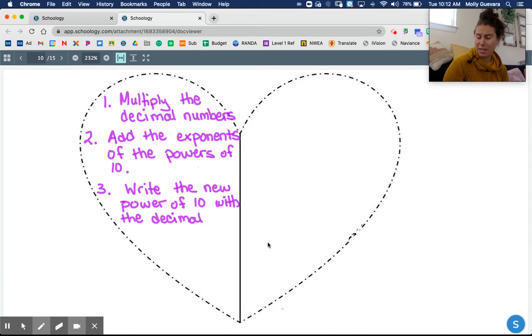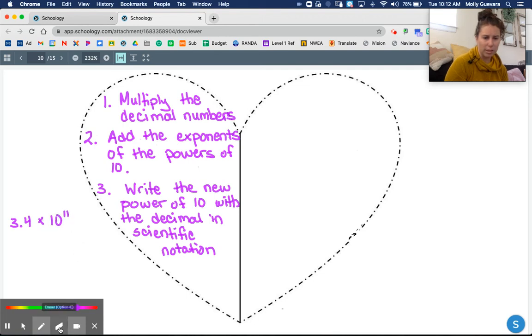If it is a decimal, it can be a whole number too, in scientific notation. Right? So I'm going to write the decimal number. You don't have to write this part, but the decimal number, and then times 10 to the 11th or whatever it is. So I take the decimal from part 1 and then the power from part 2.